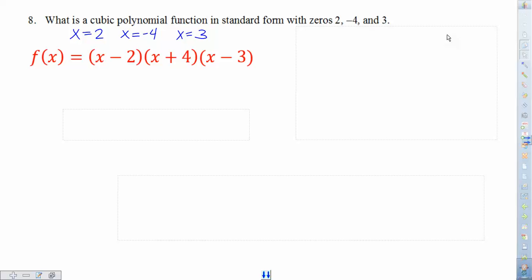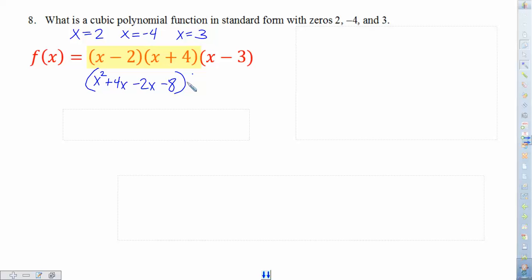And so then what we'd have to do next is multiply a pair together. Doesn't matter what pair, I just multiply these two together. How about we just multiply those? Okay? And so then when you multiply those, first, outer, inner, last, x times x, distributive property there, would give us x squared. x times the 4 would give us the 4x. -2 times x, and -2 times a positive 4 would give us a -8, right?